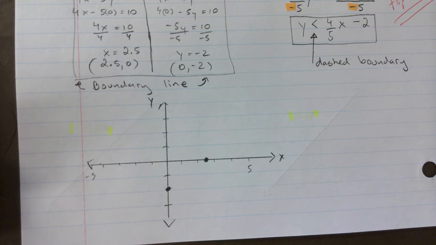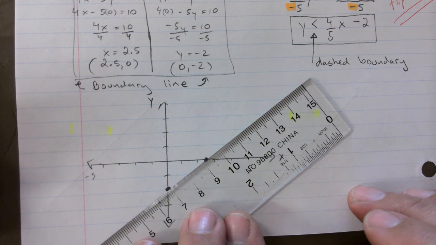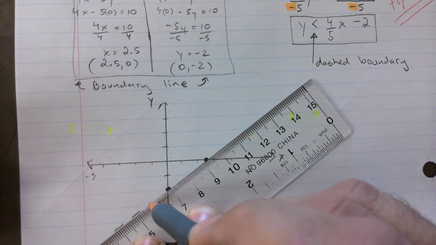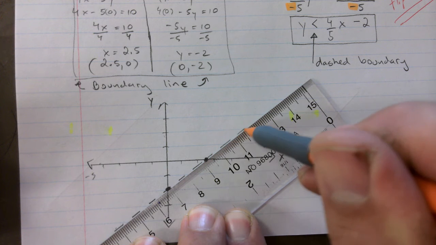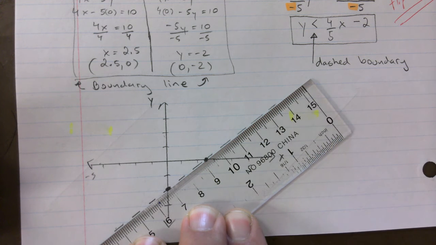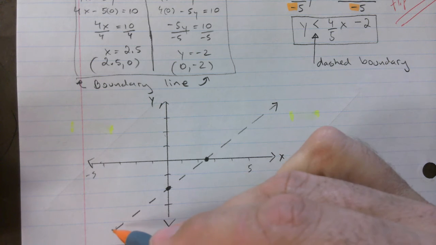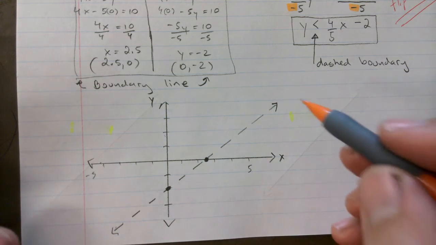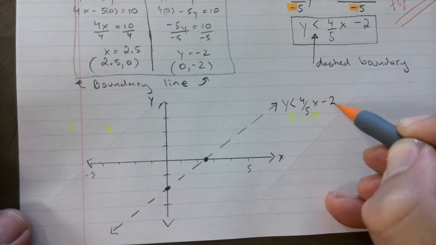When you're coming over with your ruler and you want to make a dashed line, just make sure I can clearly tell. Some students forget, and then it's easy to repair. You just erase with a little bit of space in between. So that is your boundary line: y is less than 4 over 5x minus 2.